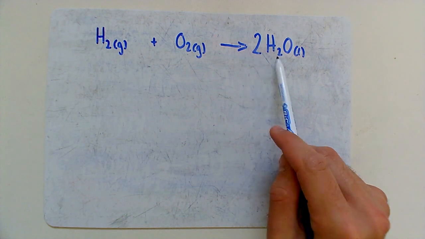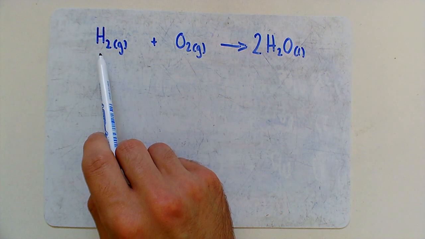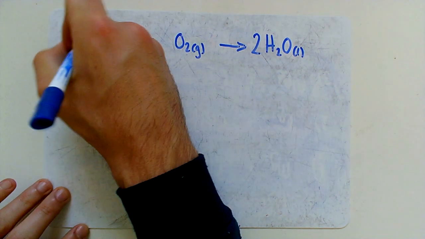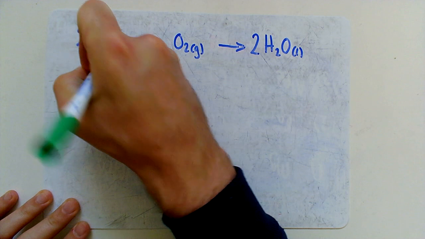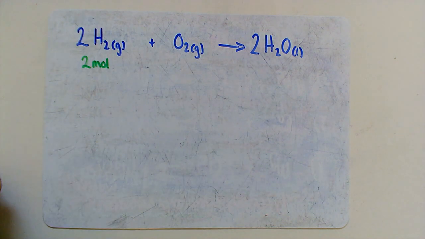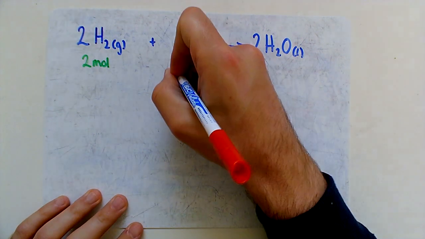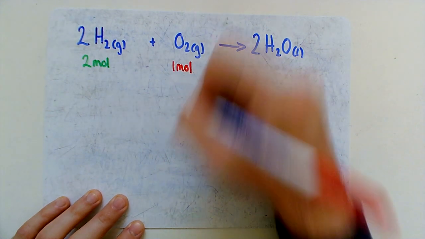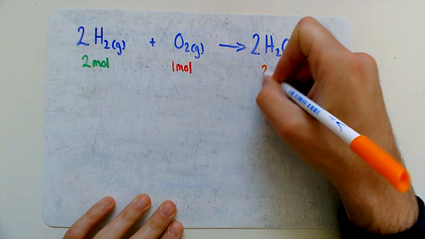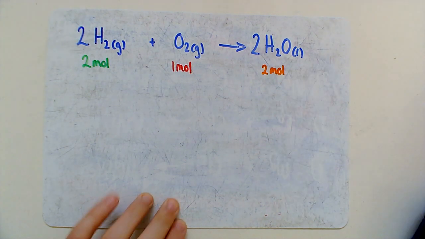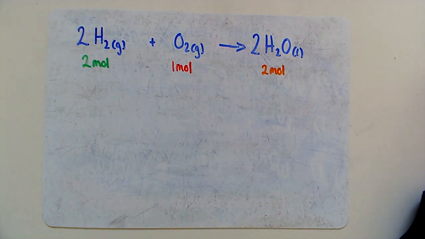We've got 2 multiplied by 2 hydrogens, but we've only got 2 on this side, so we need to multiply that by 2 to get a balanced equation. Now we can write out the molar ratio. So we know that 2 moles of hydrogen will need 1 mole of oxygen and will produce 2 moles of water.